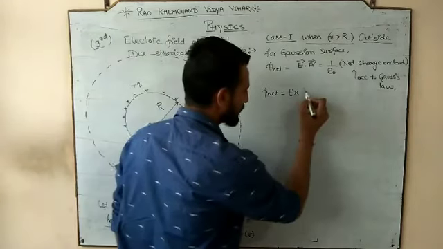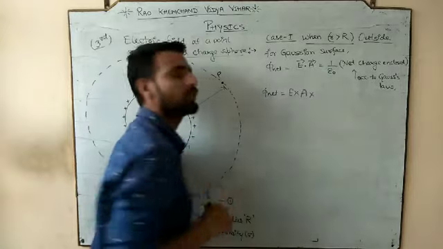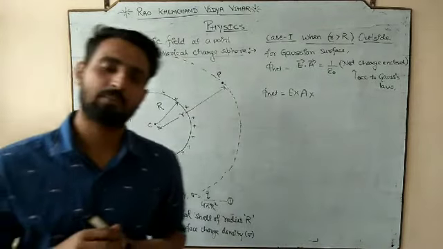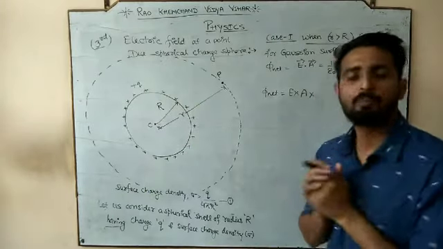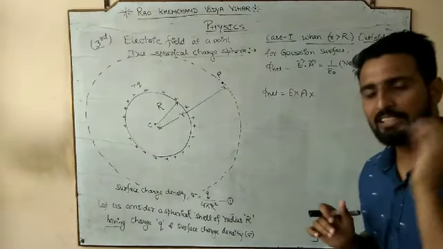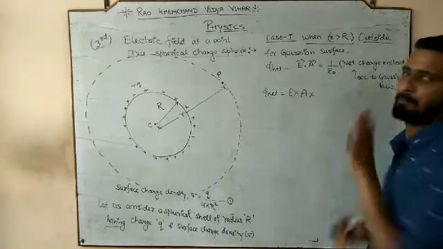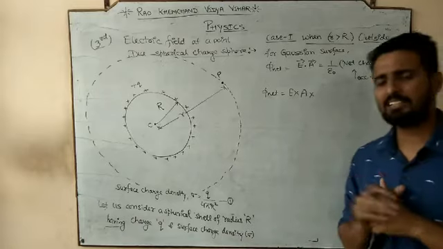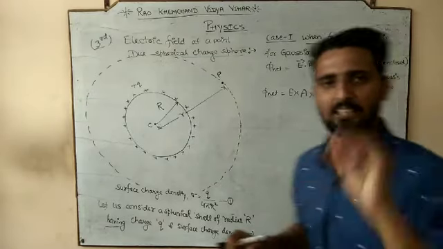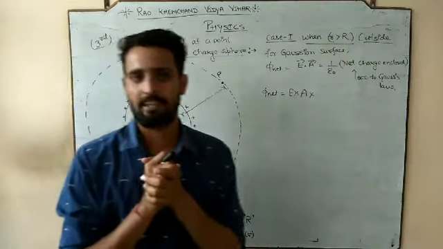Area means the area of the body that we are studying, into cos of the angle between the electric field vector and the area. First, you have to be clear about what capital A stands for. A stands for area, and in vector form it is an area vector.